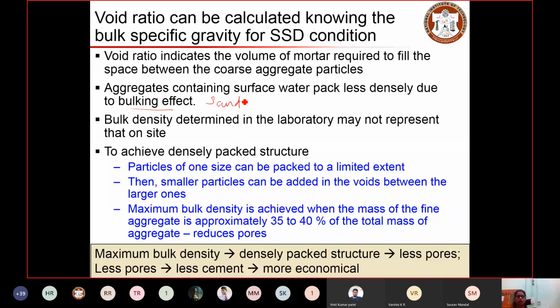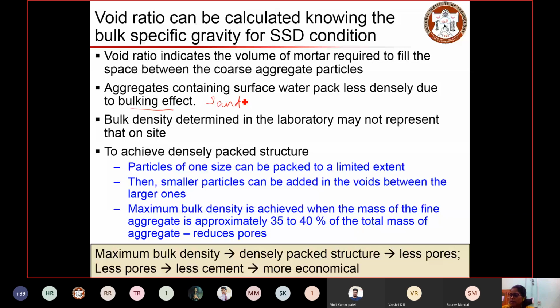It cannot be used to convert this into volume batching, so it will not be that effective. And as I said, achieving a densely packed structure in concrete is very important because it gives fewer pores, which will lead to durable concrete.